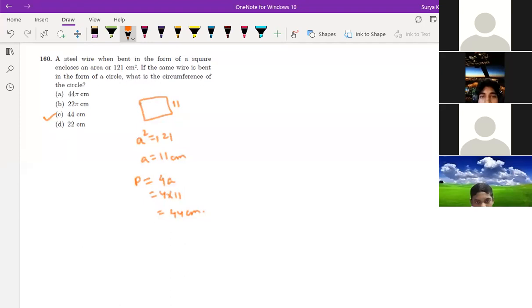Now we can answer. See, the perimeter of the square is equal to what? Perimeter of circle, correct? Yes, sir. So 4 into 11 is equal to 2 into pi into radius. Radius, you know. No need, sir.